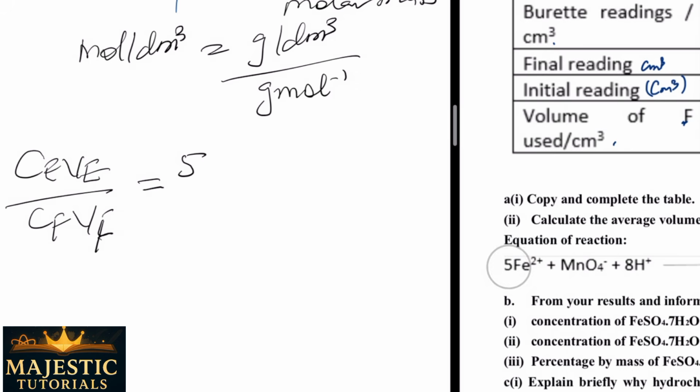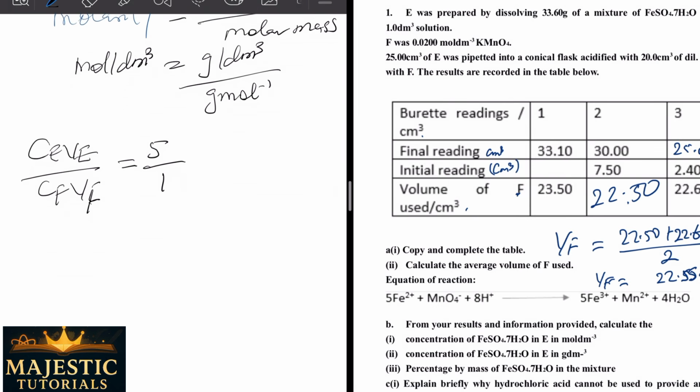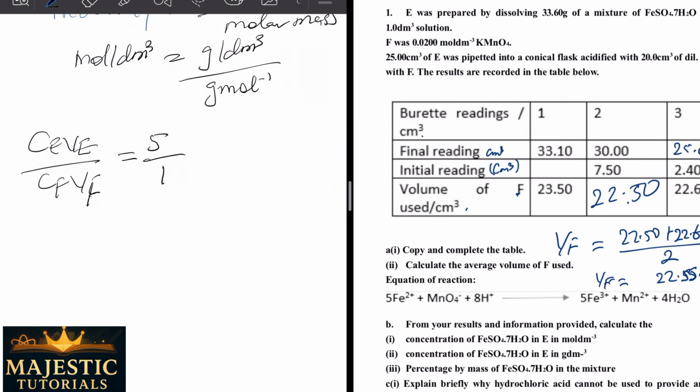Look at it here. While the mole ratio of F is 1. Then, what you will not do is to start solving without making subject of the formula. We are looking for CE.